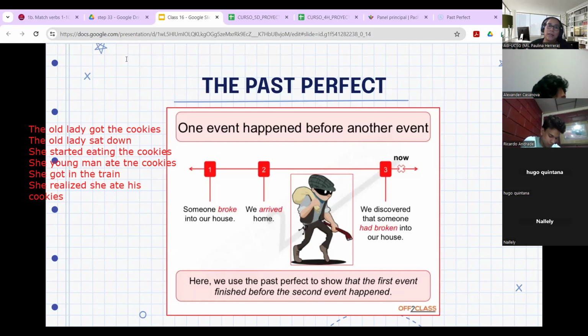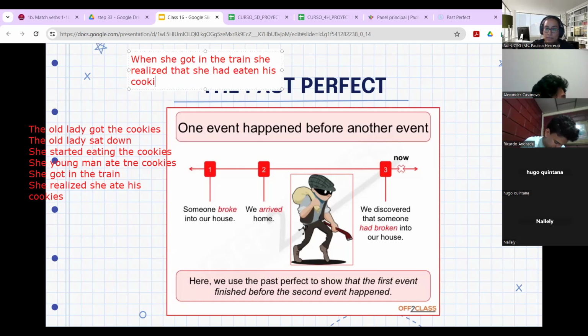So, I'm going to make a sentence here. When she got in the train, she realized that she had eaten his cookies.